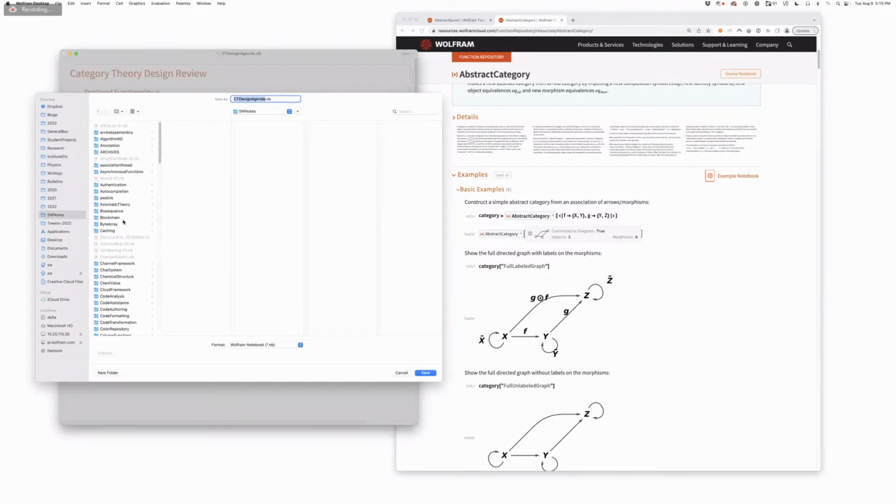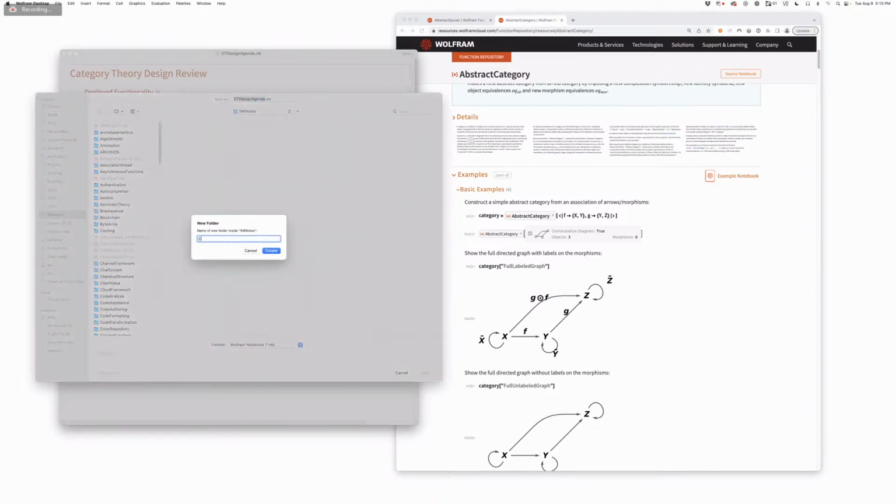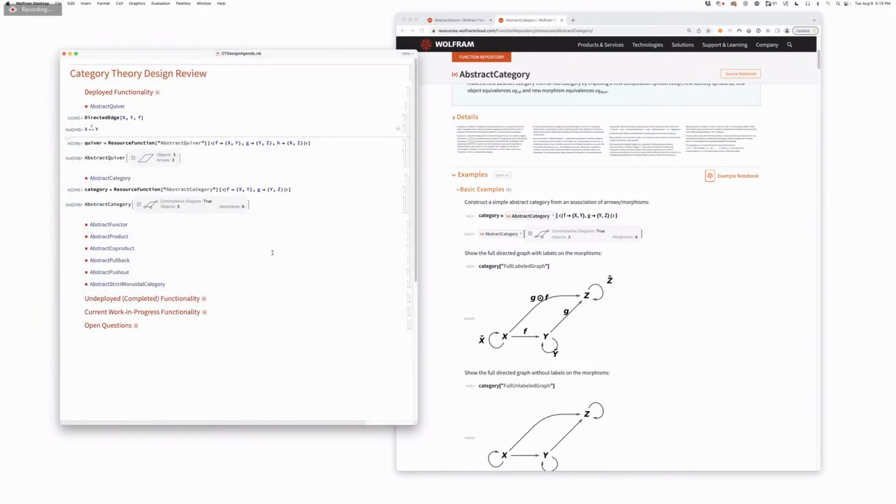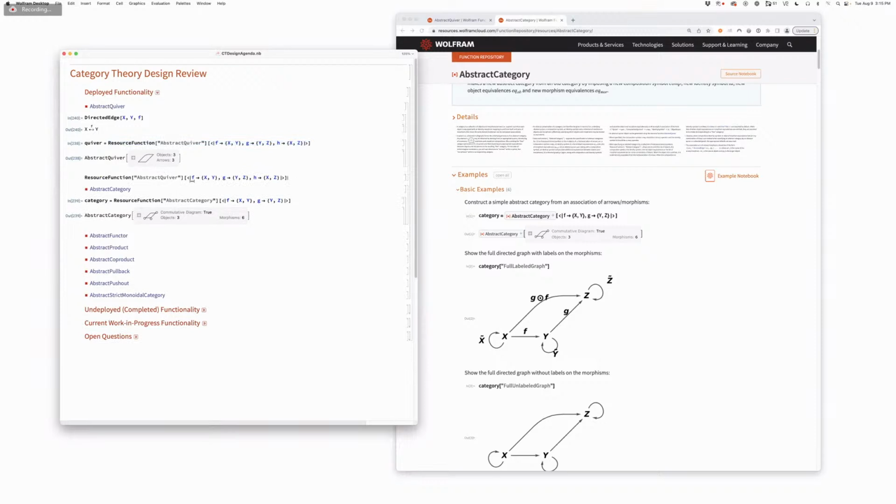Okay, let me just put this somewhere. Another point is, I assume in that model it has a way of having quote unquote anonymous arrows, in the sense that it makes up a name for them. Right. I think by default it indexes them. It calls them F1, F2, F3 or something. So if I put in a directed edge into a quiver, you'd give it a list of objects and then a list of directed edges, and it should also work.